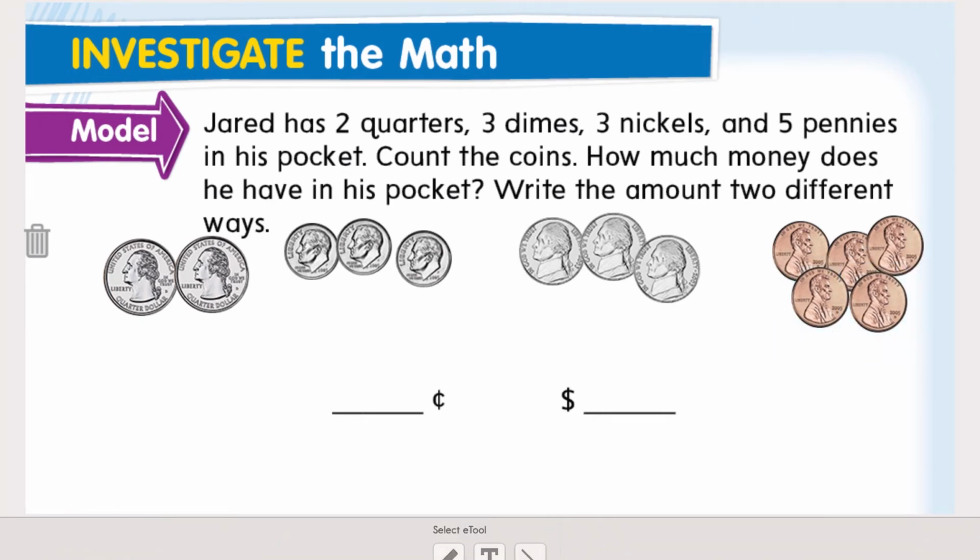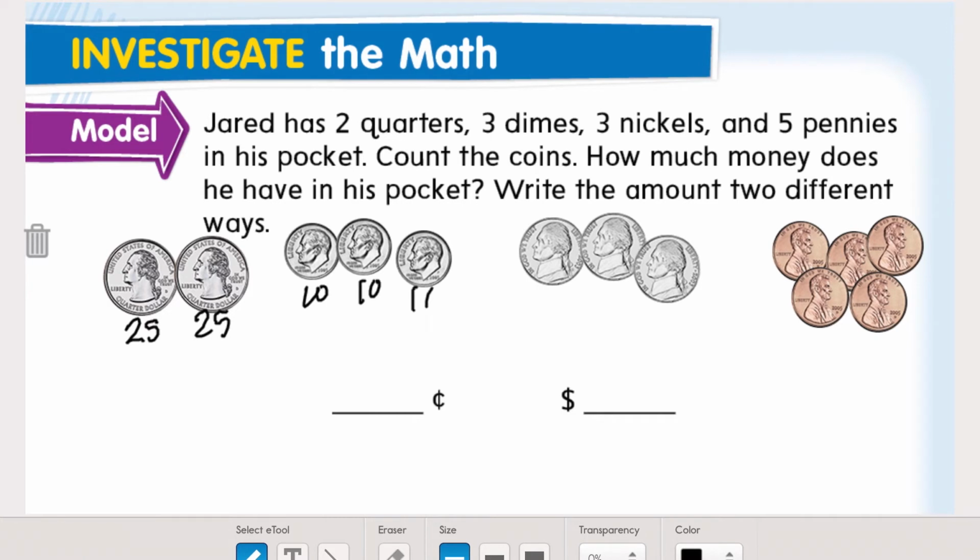Okay, so if we go through here, we've got 25, 25, 10, 10, 10, 5, 5, 5, 1, 1, 1, 1, 1. All right, so 25, 50. Let's count on: 60, 70, 80, 85, 90, 95, 96, 97, 98, 99, 100.